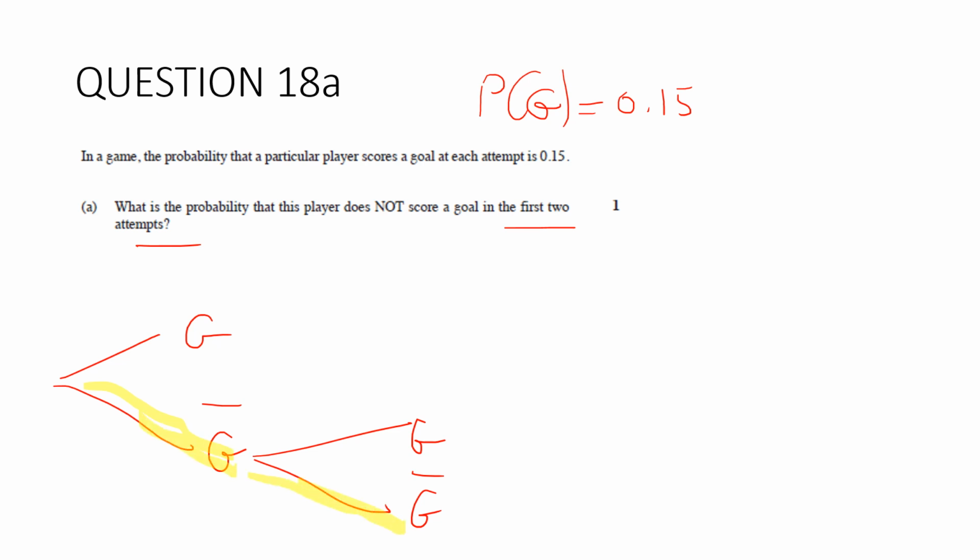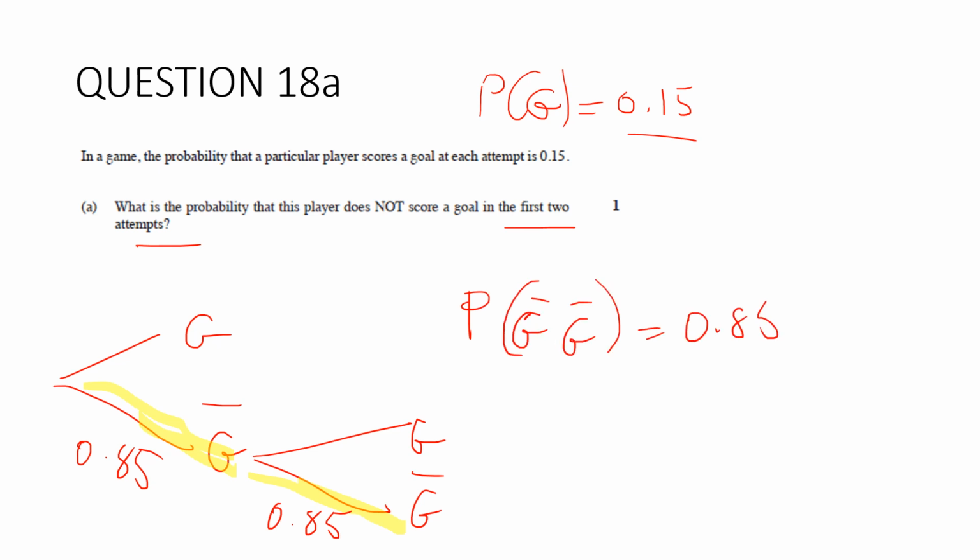And probably they don't score a goal is 0.85 and 0.85. So probability of no goal and no goal is equal to 0.85 times 0.85, which is 0.7225.